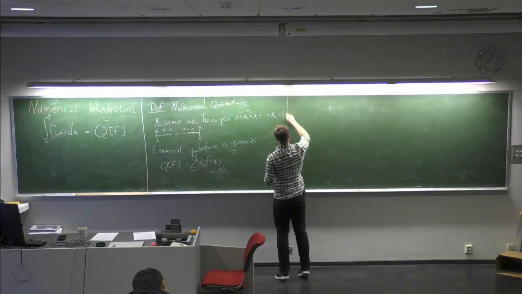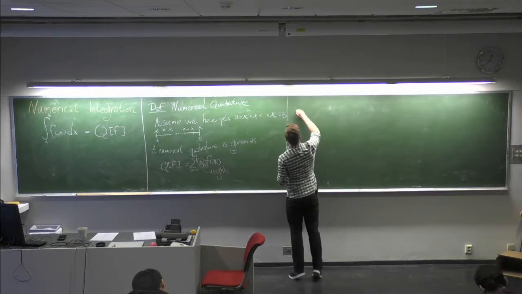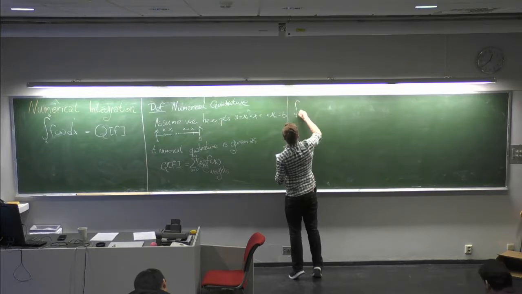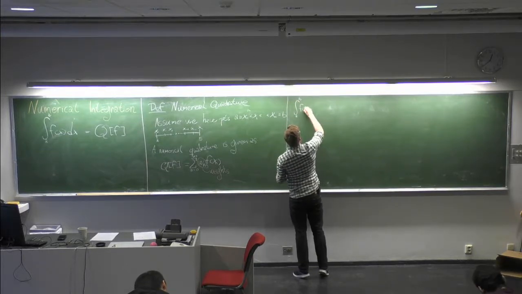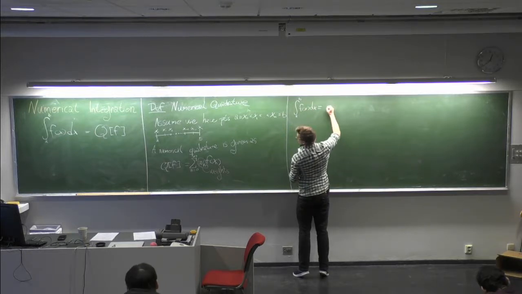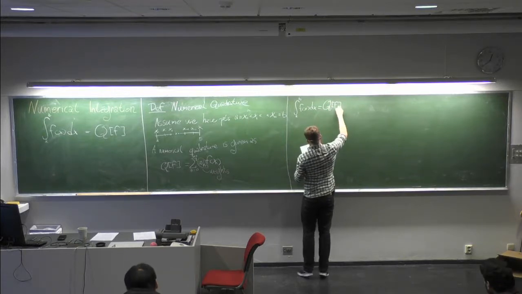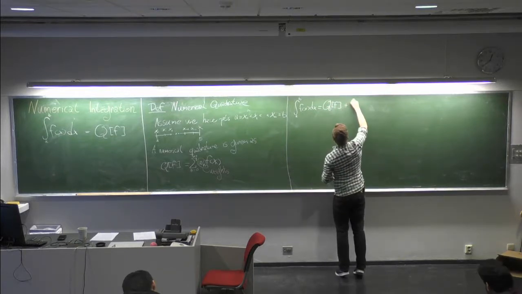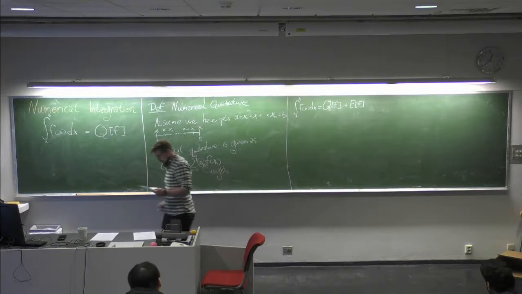So the property here is that we want the integral of the function to be approximated by the quadrature of f plus, of course, some kind of error as a function of the function.